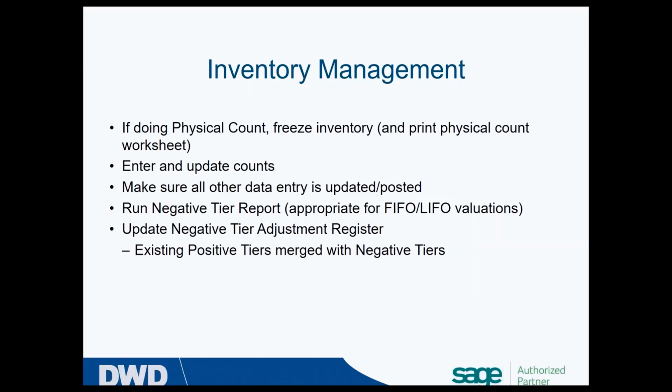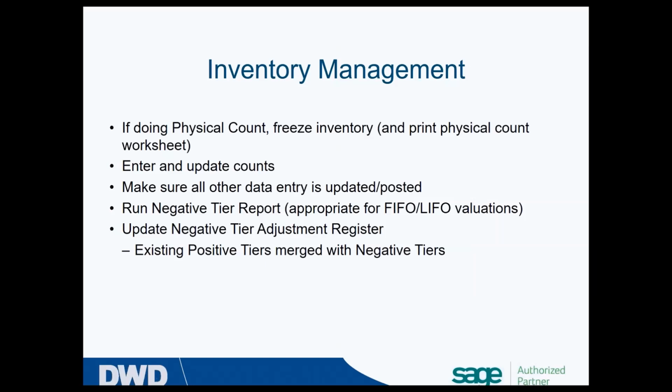And for those of you especially using FIFO and LIFO, run that negative tier report, okay? I might have an inventory item that says I have 0 on hand, but when I look at my cost details, I actually see a layer of -10 and a layer of +10. Now, the net of that obviously is 0, but the system still thinks that there are 2 distinct layers out there.